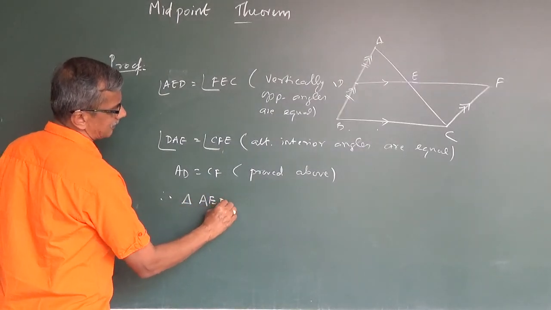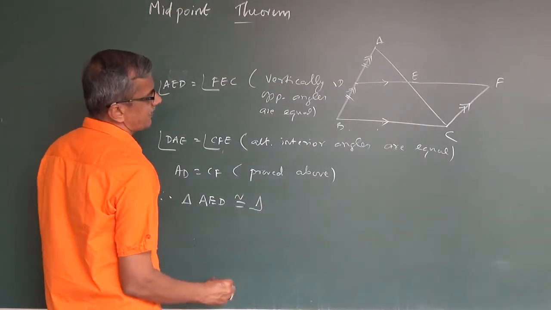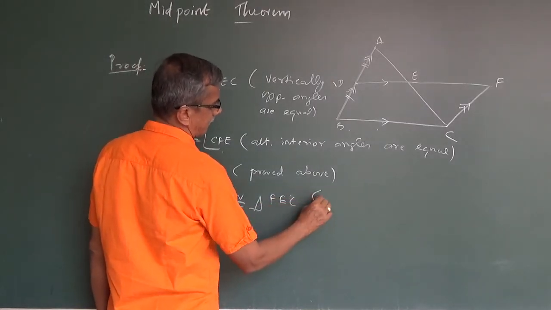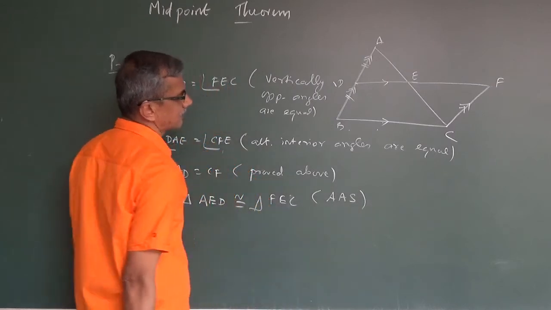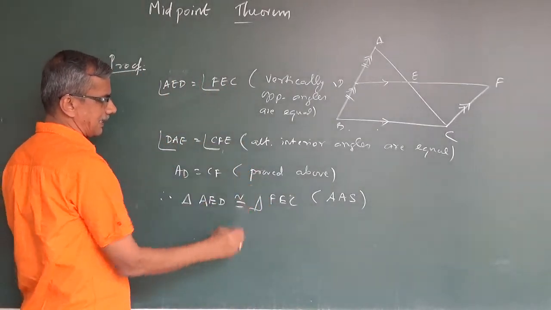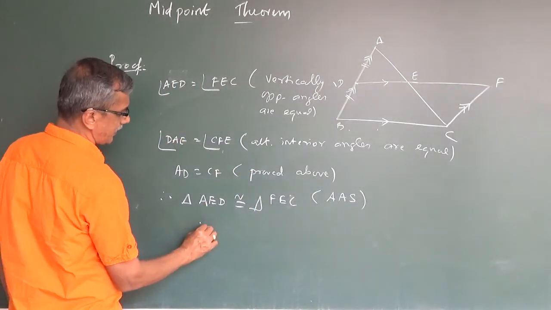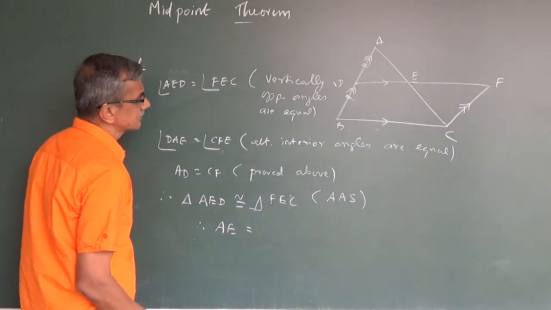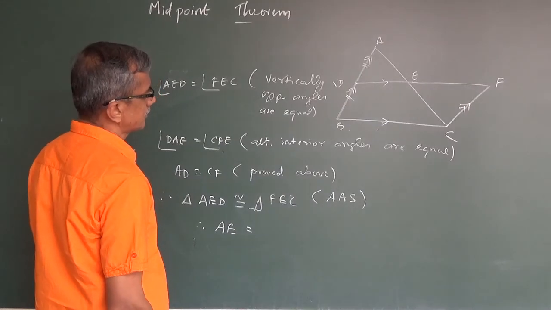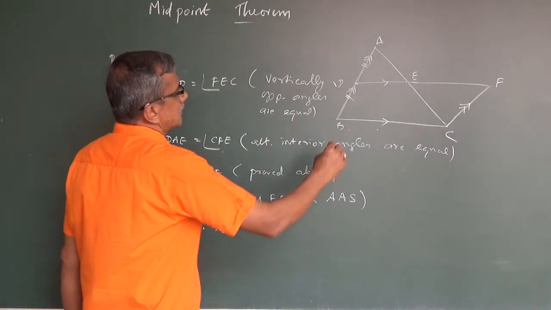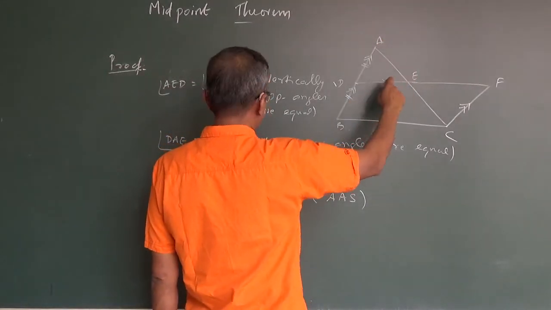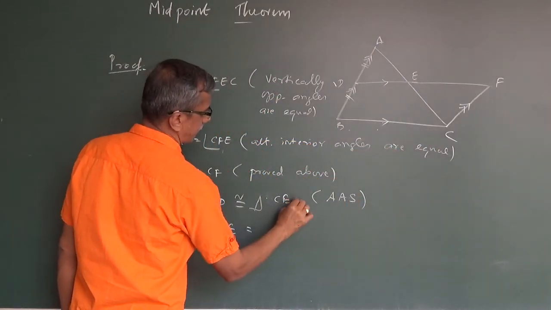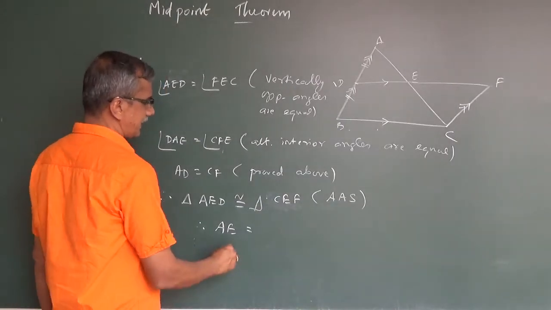Triangle AED is congruent to triangle FEC by angle side. By this they are congruent. Therefore, AE becomes equal to EC.